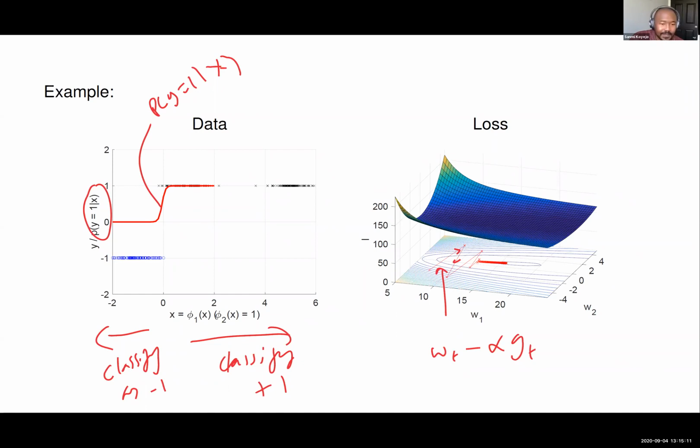On this plot, the Y axis is the data, which is this guy and that guy, and then also the probability. So we just put them on the same plot because it's convenient. The probability is the red curve, and the data is the blue circle and the black x's. And the x-axis here is one of the dimensions of x.